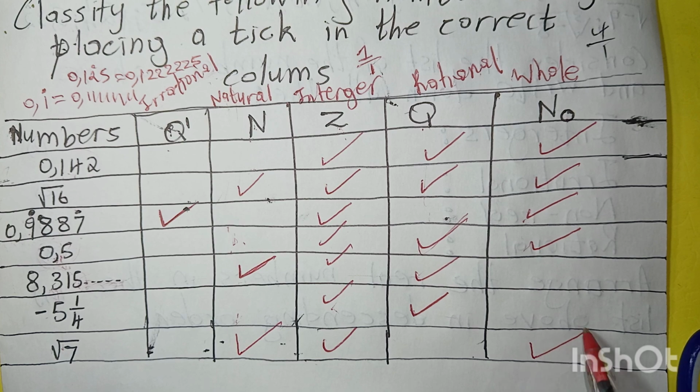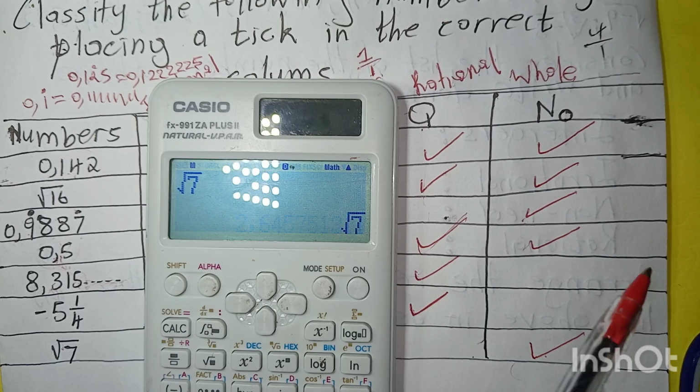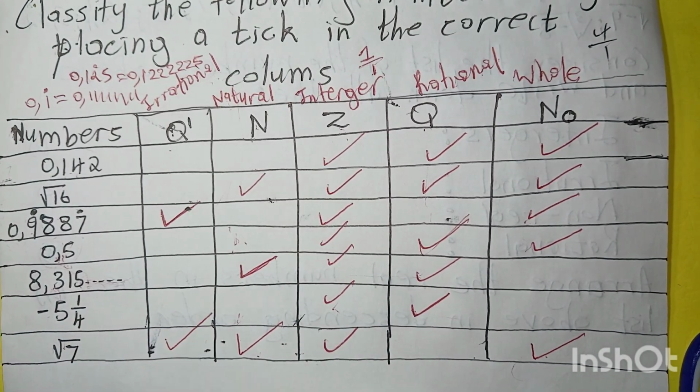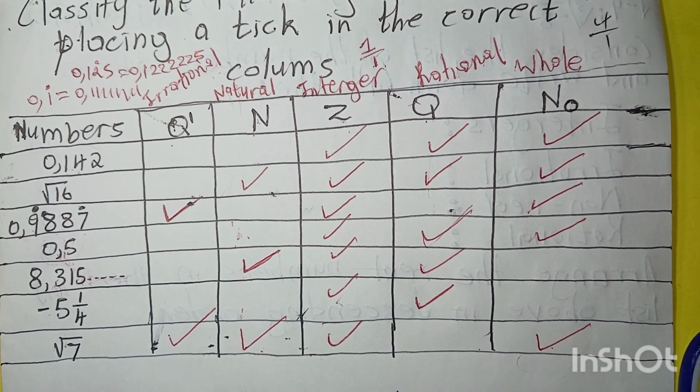Natural numbers start from 1, 2, 3, 4, 5. But this number, you cannot make it as a fraction. Never. So it means that it is irrational.